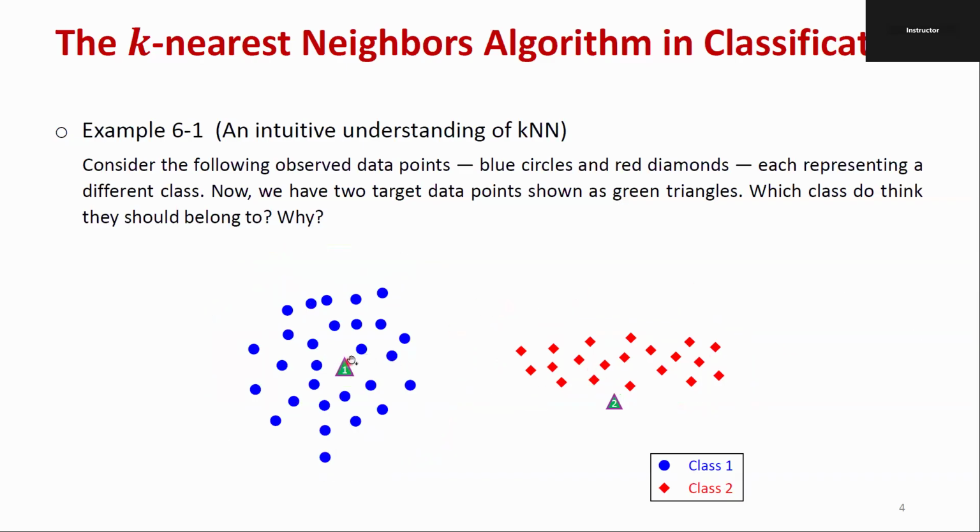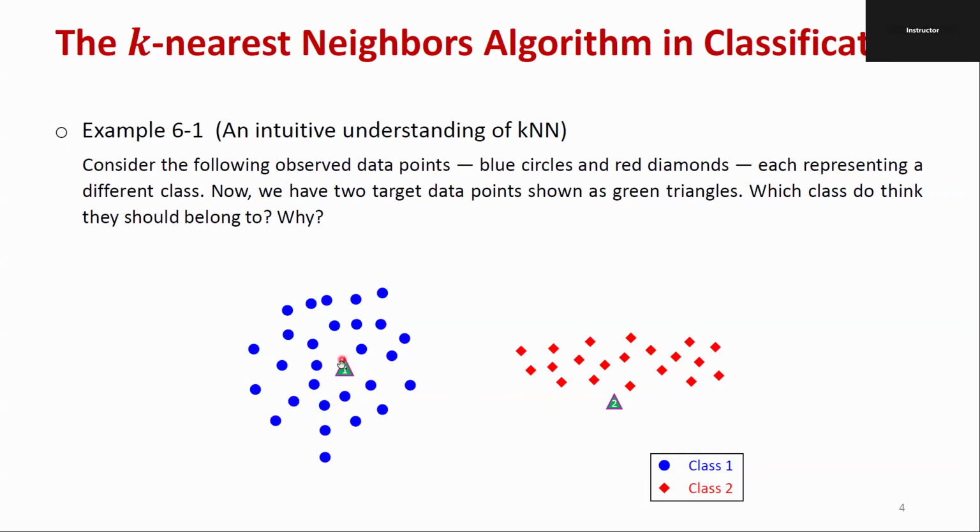Now I'm going to give you these two green triangle points as target data points. I have two target data points here. Based on these training data, tell me which class this target data point belongs to, and how about target data point two? Intuitively, everyone is going to say, simple.